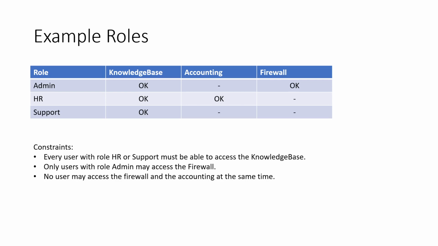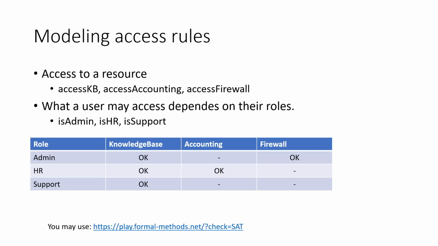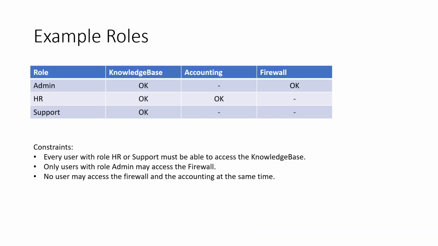But then, no user may access the firewall and the accounting at the same time. Yeah, we can probably also see that by looking at those columns and making some conclusions. But if these roles get a bit more tricky, we probably need some better way to check these constraints. So we should maybe first come up with a way to model what we need to check these constraints.